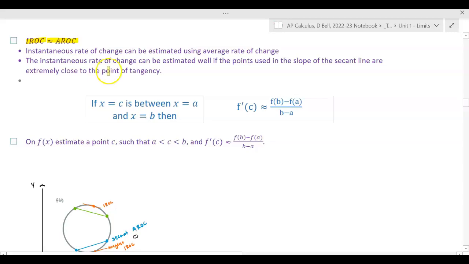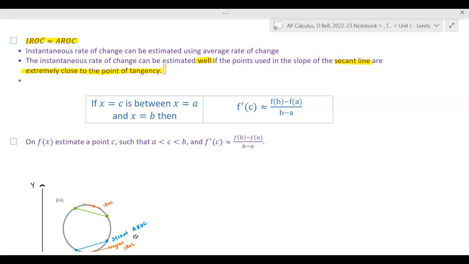So the instantaneous rate of change can be estimated well if the points used in the slope of a secant line are extremely close to the point of tangency. So as long as the points are really close together, they will give you a good estimate for the instantaneous rate of change.